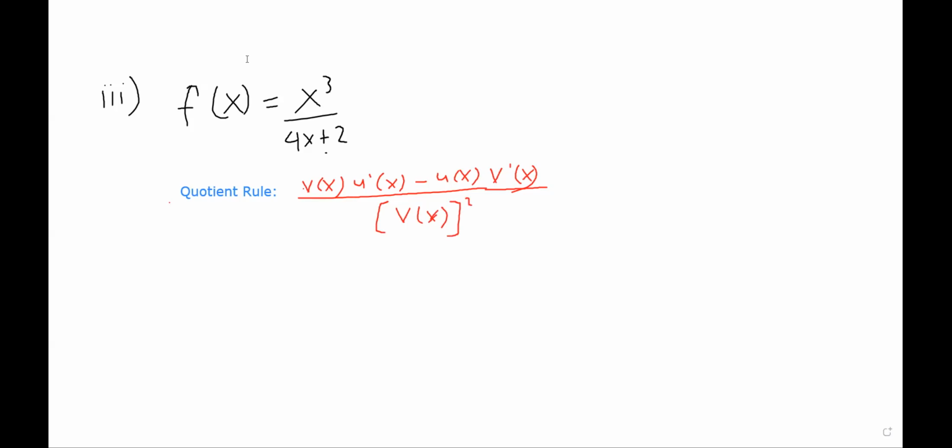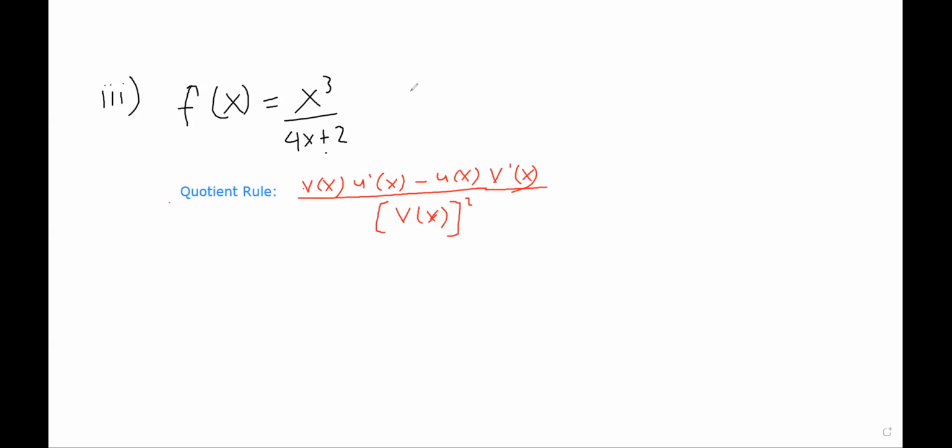Now we need to identify what's our u function and what's our v function. Our u function will be our numerator, and our v function is our denominator. So our numerator is x raised to the power of 3.